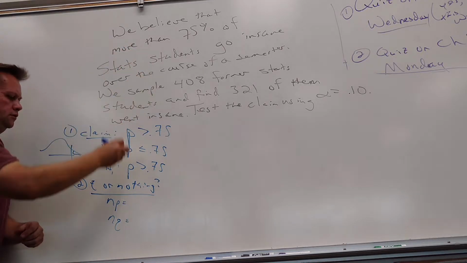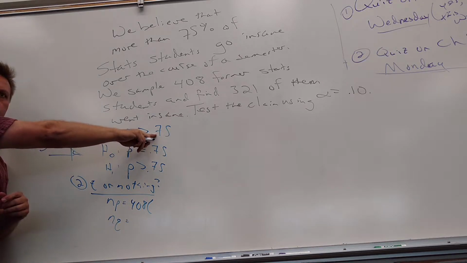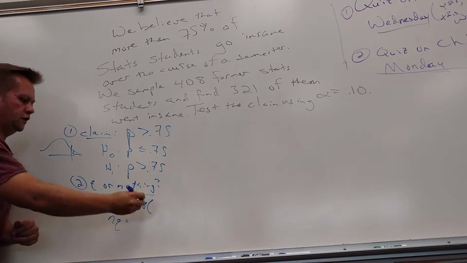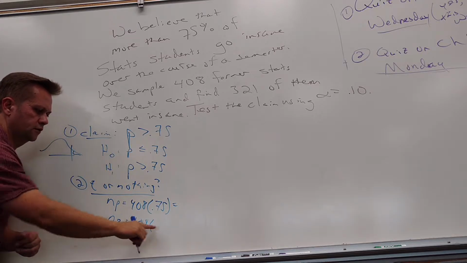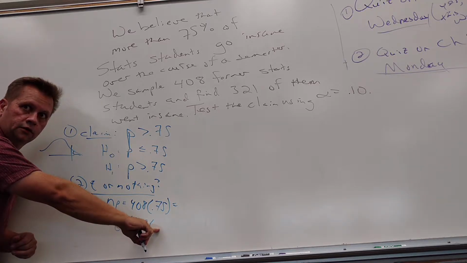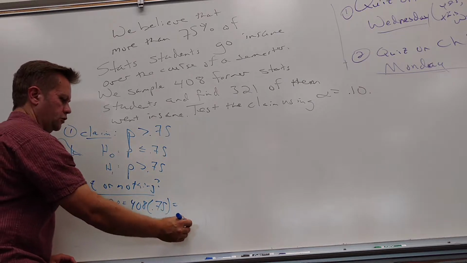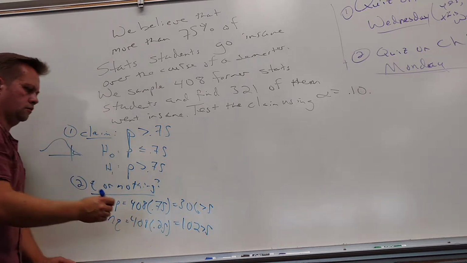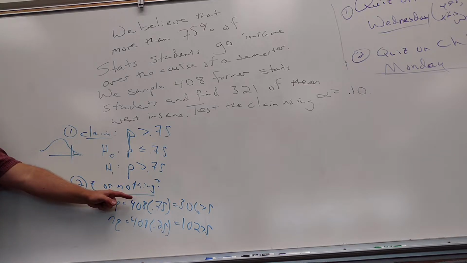And what's P? 0.75. Not P hat, P. 0.75. And then Q will be 0.25. So NP is 306 and NQ is 102, right? Those are both way bigger than 5, so we're good there.